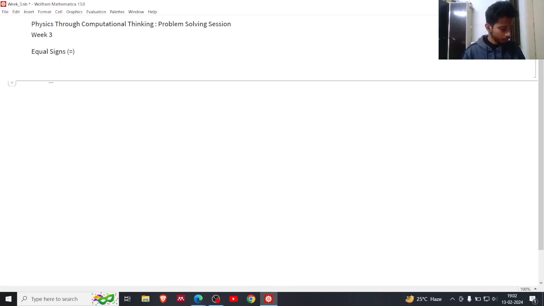But this sign does not just mean equals like it does in normal mathematics. So in Mathematica, there are two ways of writing this equal sign. The first one is Set, and the second one is SetDelayed.